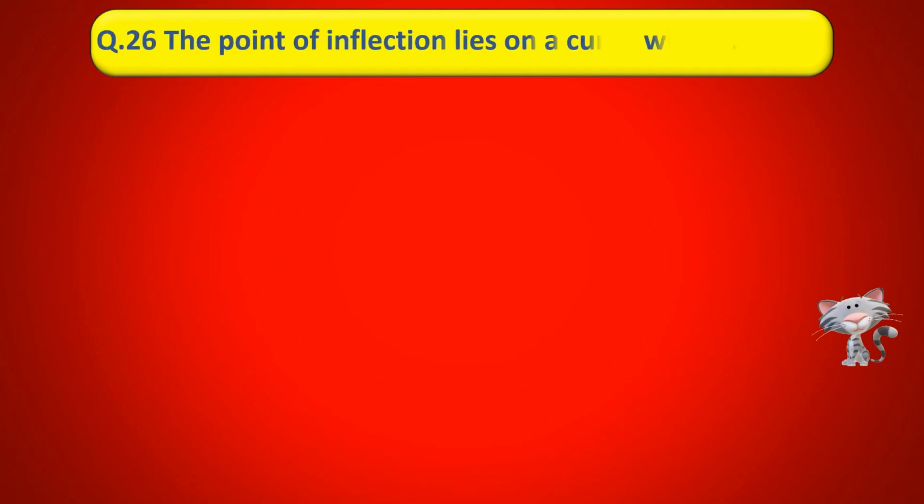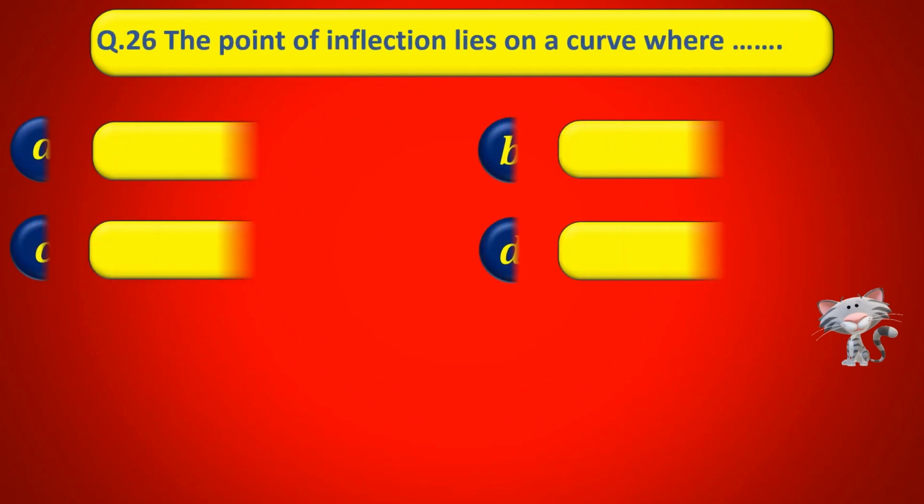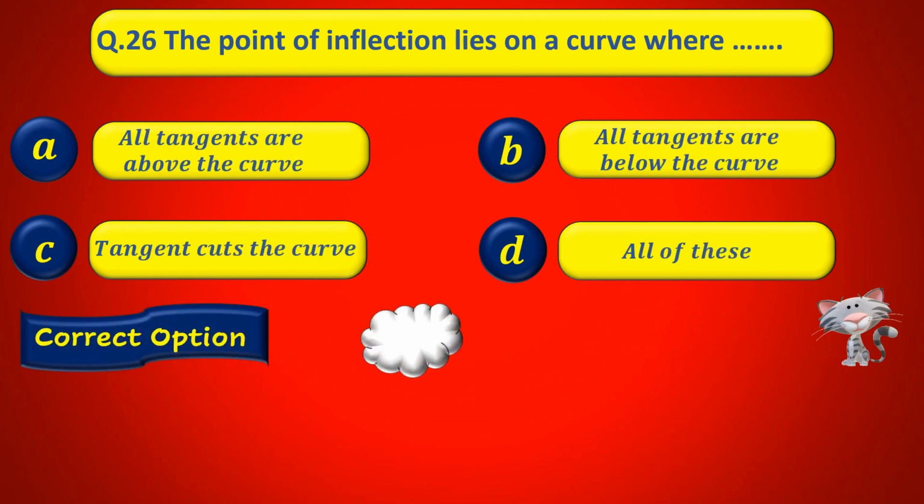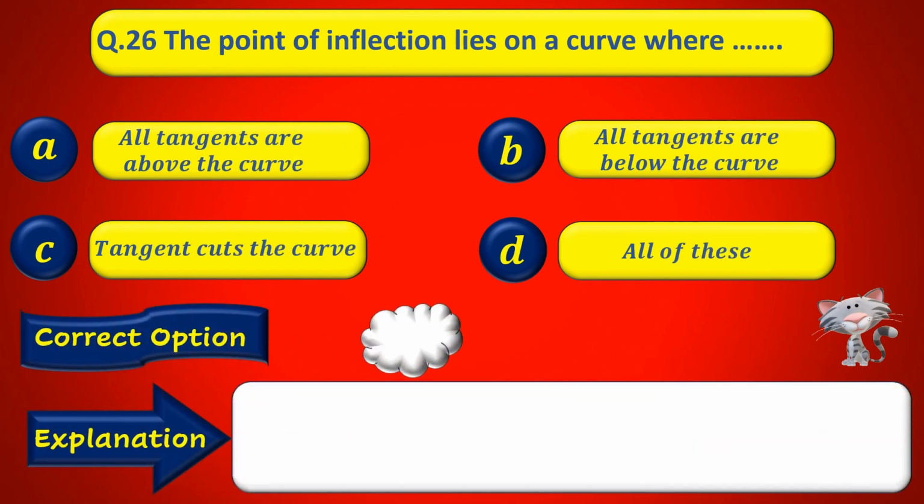Question 26. The point of inflection lies on a curve where, and the options are, let's check out which one is the correct option. Let's explain it. We draw the sine wave as, here we see that x is equal to 0.